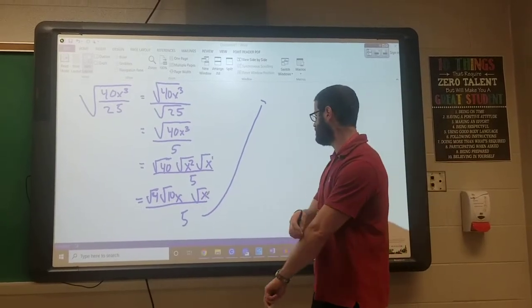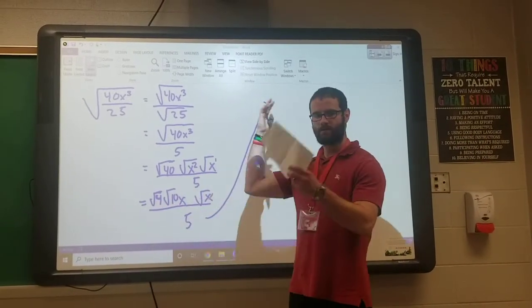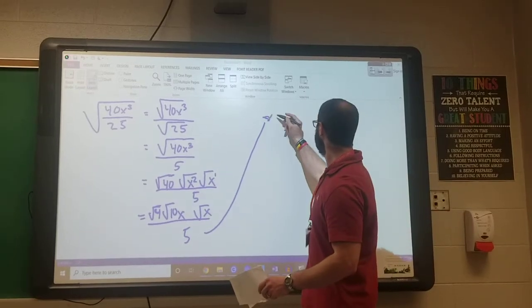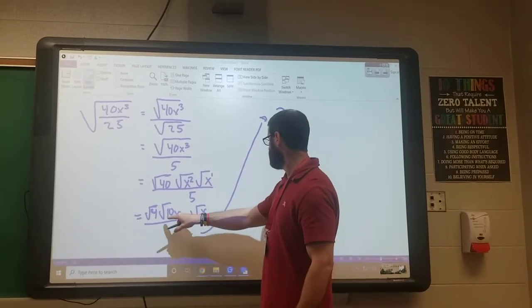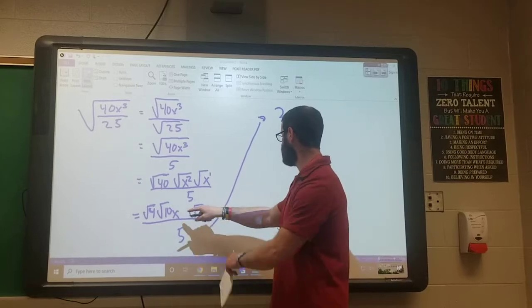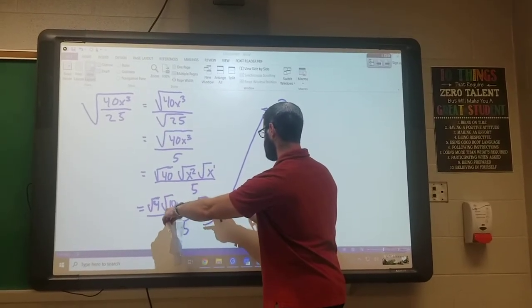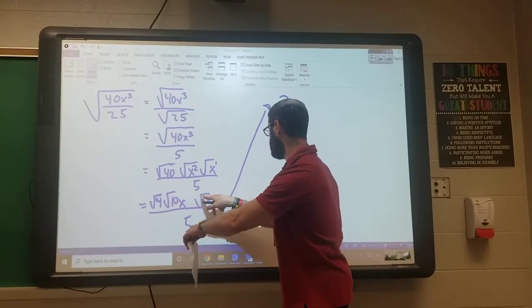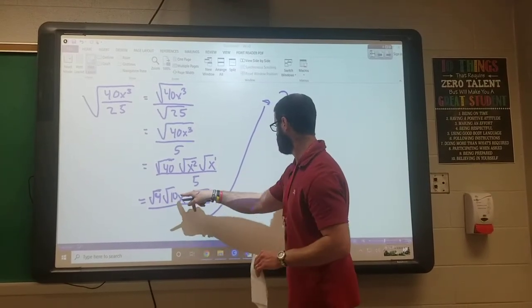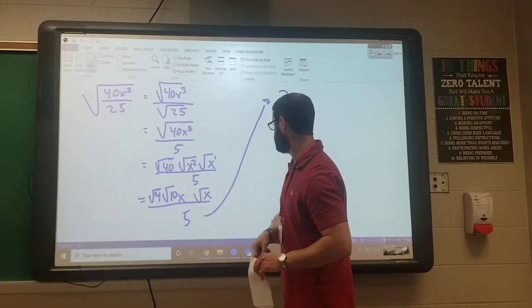So let's simplify that a bit. Square root of 4, what's that? That is 2. Square root of 10 and square root of x, I can multiply those back together, because I can multiply square roots and I get the square root of the product of the two, or however many terms are inside.